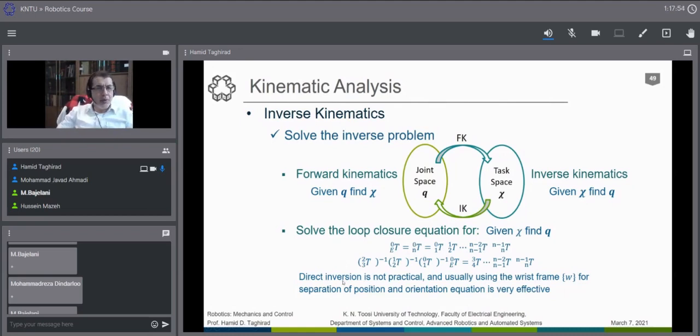The main important way is to separate the orientation from the position, and we do that by putting the wrist into the picture. We usually have the orientation with the wrist and the position with the arm, usually a 3 degrees of freedom arm and a 3 degrees of freedom wrist in a manipulator.